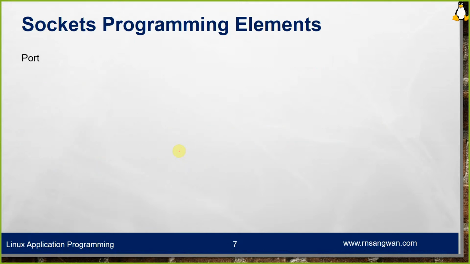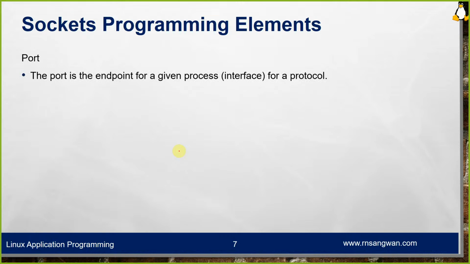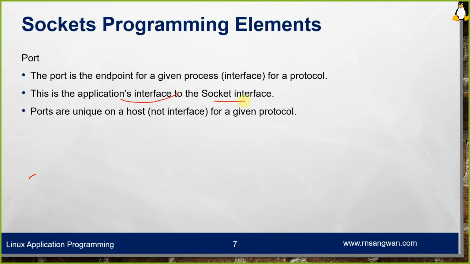Then we have the ports. The port is the endpoint for a given process or interface for a given protocol. This is the application's interface to the socket interface. Ports are unique on a host, not interface, for a given protocol.